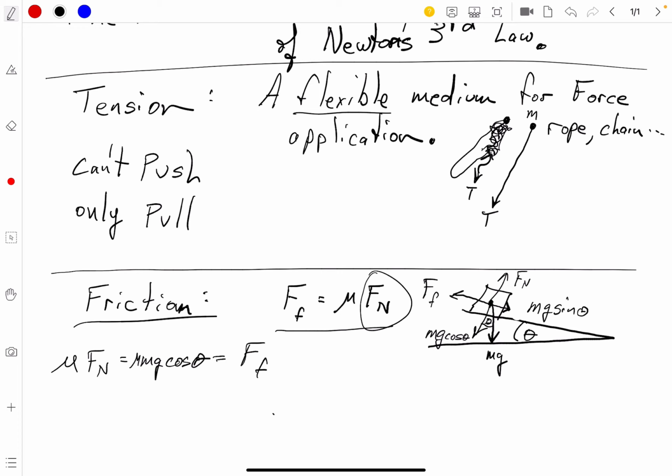Everything's great. Another thing to note is, well, there's a couple of things. The force of friction, so this is number one, always opposes the movement.